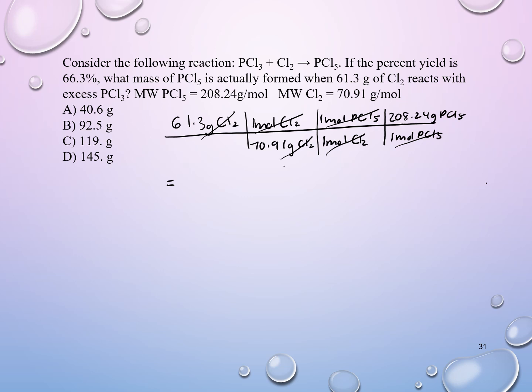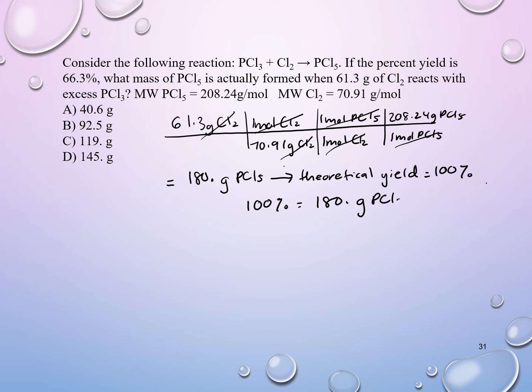So let's go ahead and put that down: 180 grams of PCl5. This here is my theoretical yield, because this is straight from calculation. This is my 100%. So you know that 100% is going to be 180 grams. And if you need 66.3%, that's my percent yield, right?